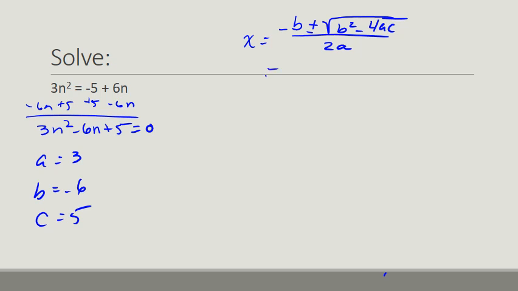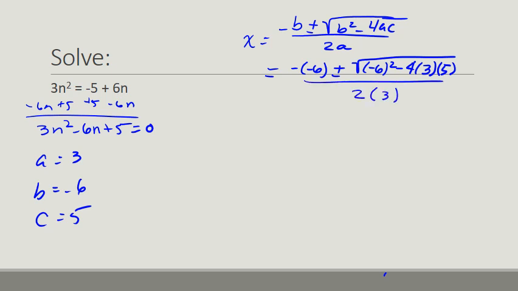So x equals negative of a negative 6 plus or minus the square root of negative 6 squared minus 4 times 3 times 5, all over 2 times 3.